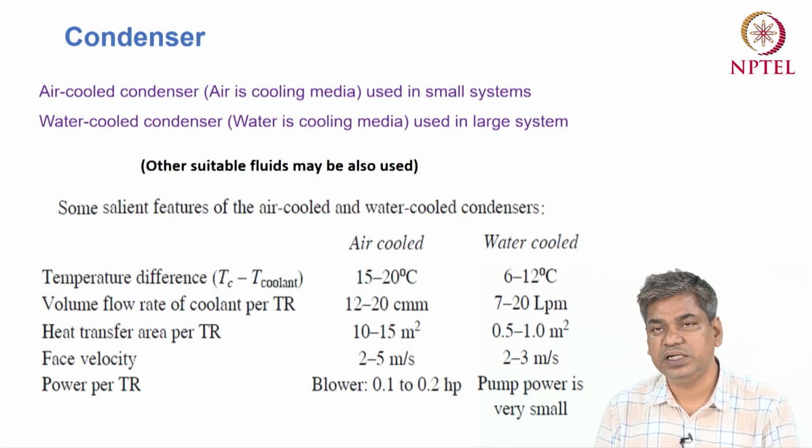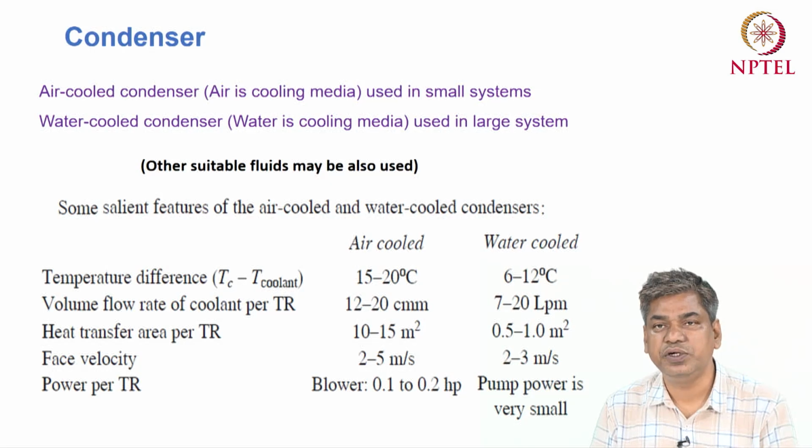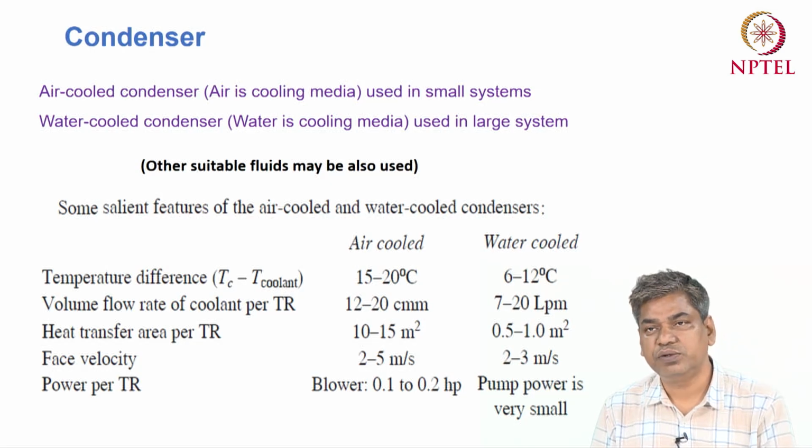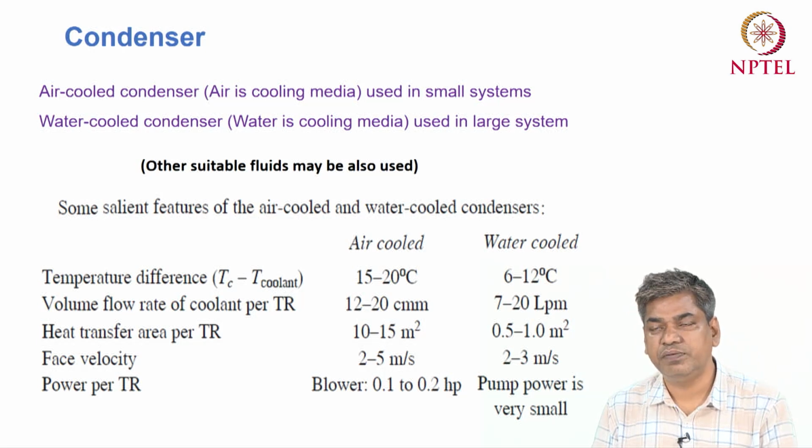The temperature difference between the refrigerant and the coolant is very high in the case of the air cooled condenser, because of the very low heat transfer coefficient of air as compared to water. You can see that the temperature difference we can maintain in the case of the water cooled condenser is about half of that of the air cooled condenser.